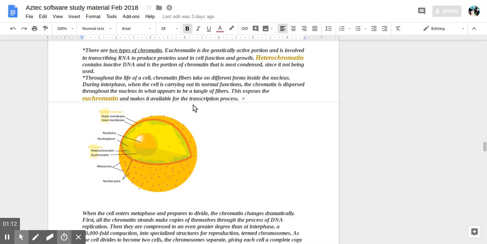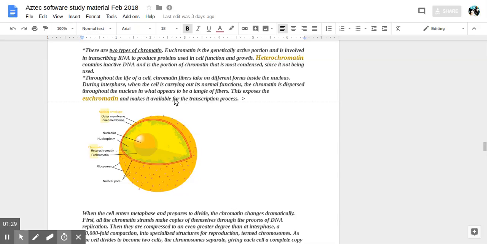And we learned that there's active DNA and inactive DNA. When the cell is not in replication, the DNA is inactive. So this is called heterochromatin.